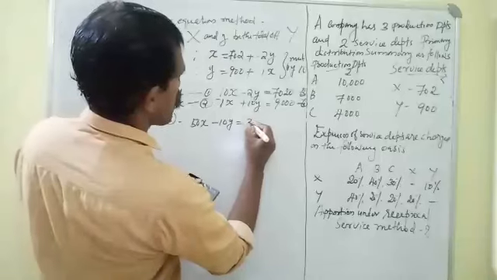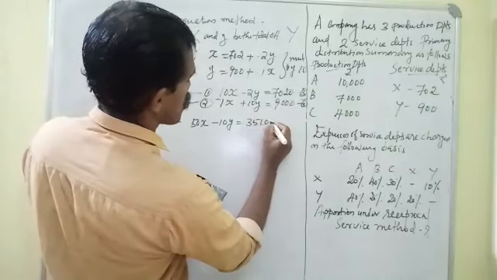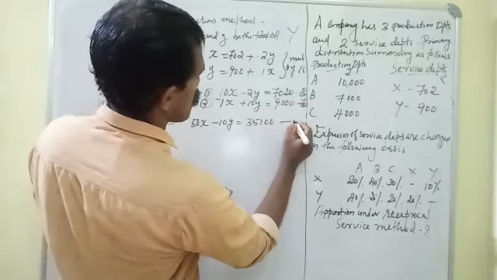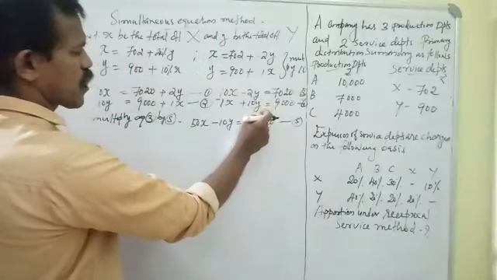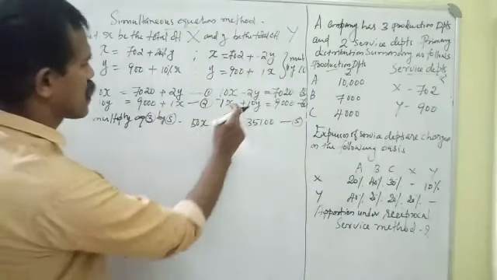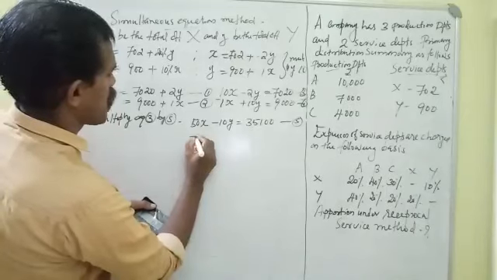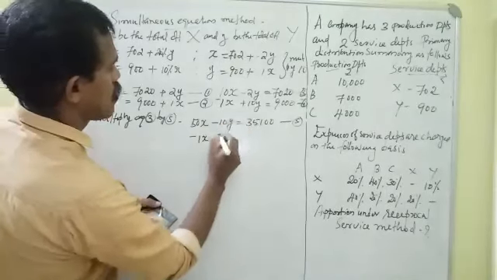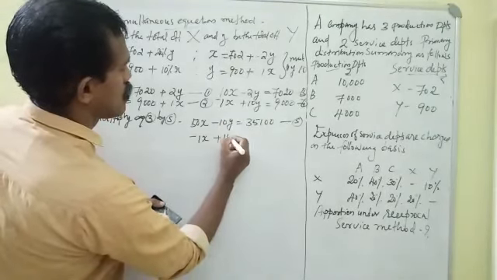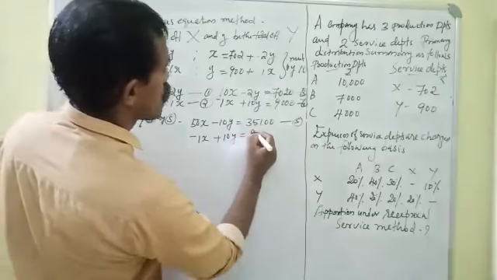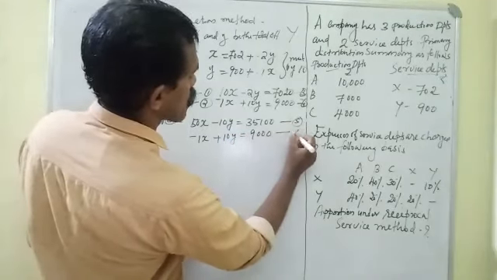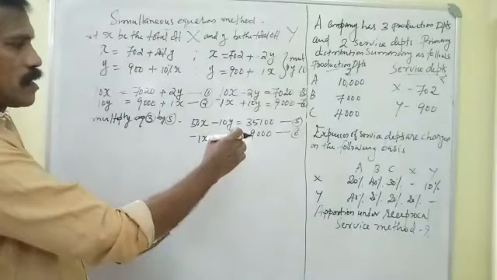We get 35,100. This is equation number 5. Then this equation I write as it is here. Then we know minus 1x plus 10y is equal to 9000. I write it as equation number 6.